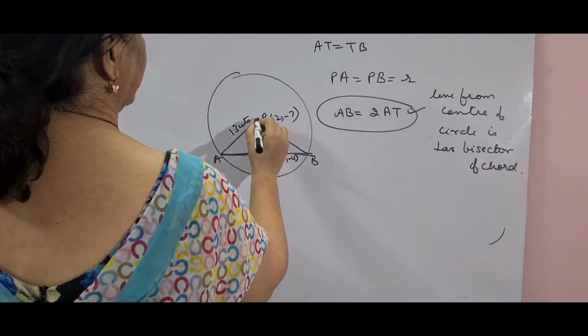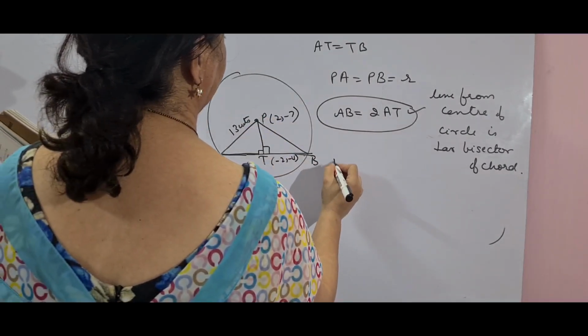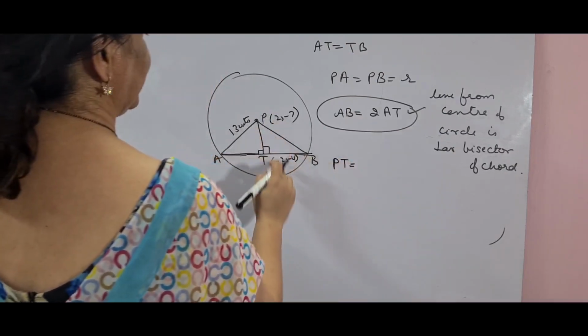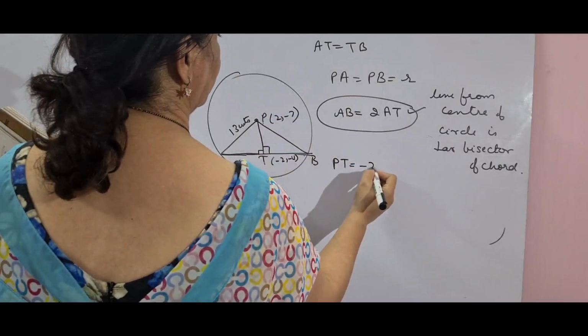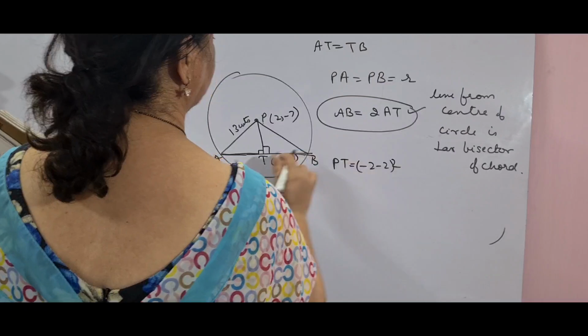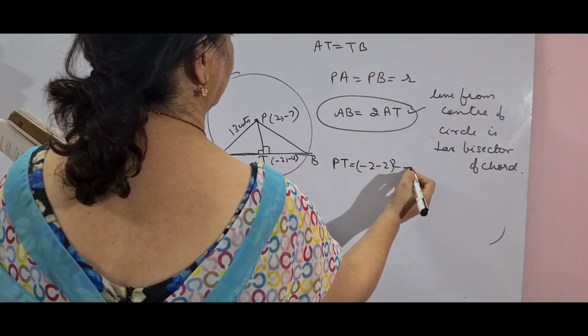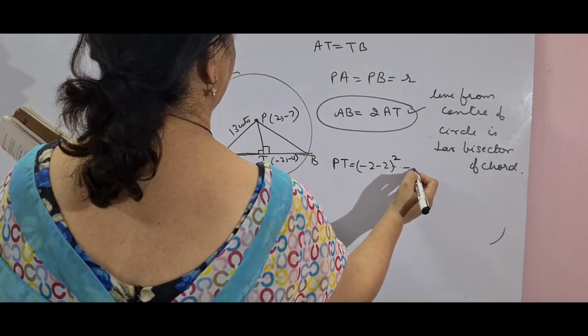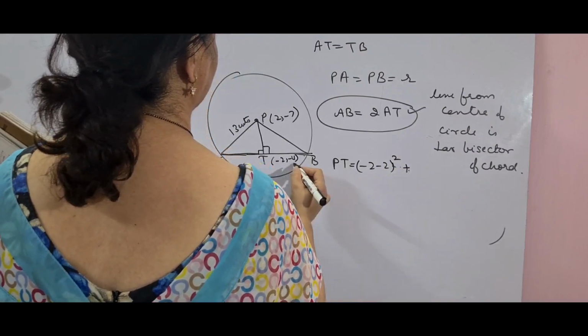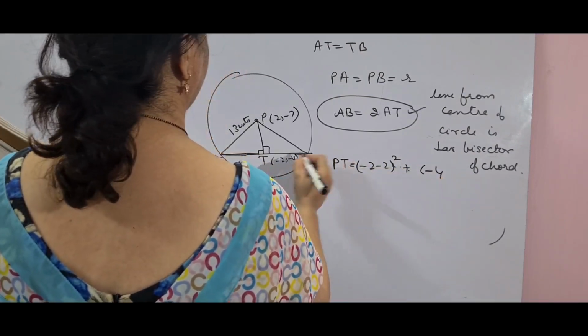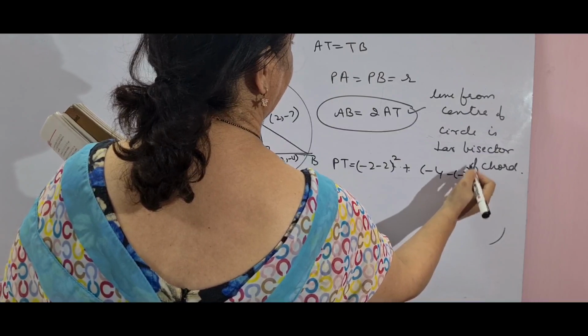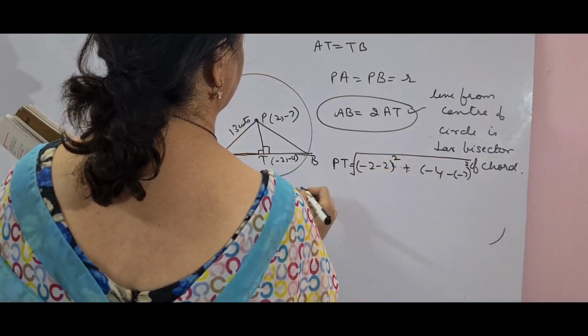Now first of all we are going to find PT. Both points have been given, so x2 minus x1, minus 2 whole square, minus 4, in between there is plus, and again minus 4 minus 7 whole square, under the root. This will give you the value of PT.